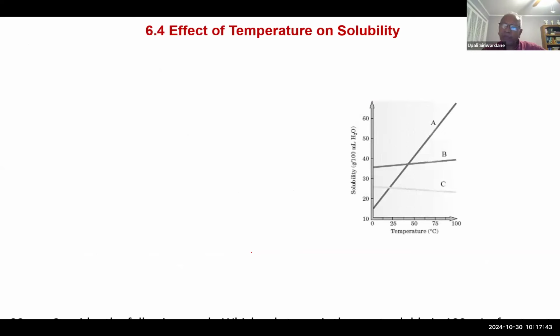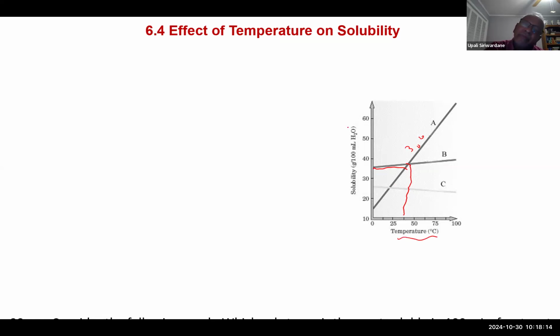How do I get 30? Around 30 degrees. That's where I got 35 in the last one. You draw at 30 here, 25 somewhere here. The temperature axis is here.